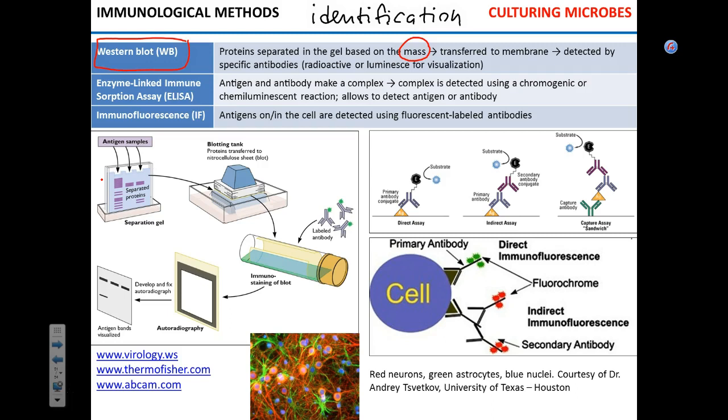So we take our sample, the lung lysate, and we load it on the gel. It is quite literally a gel positioned vertically. You load your sample and you apply electricity. Okay? Now proteins are charged negatively.